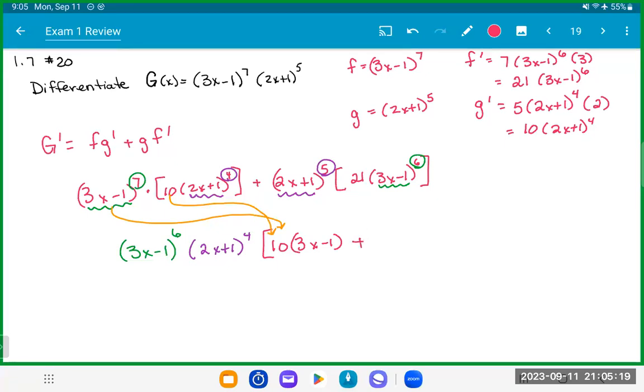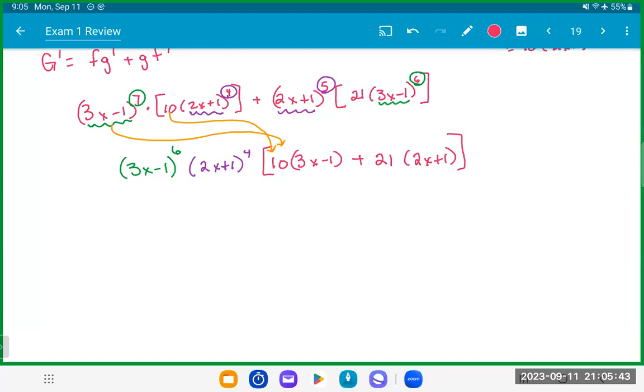We're adding; I factored 4 of these 5 purple ones, so that leaves me with 1 of them and the 21. So I'm going to bring the 21 here and 2x + 1, because we factored out all 6 of the green ones.